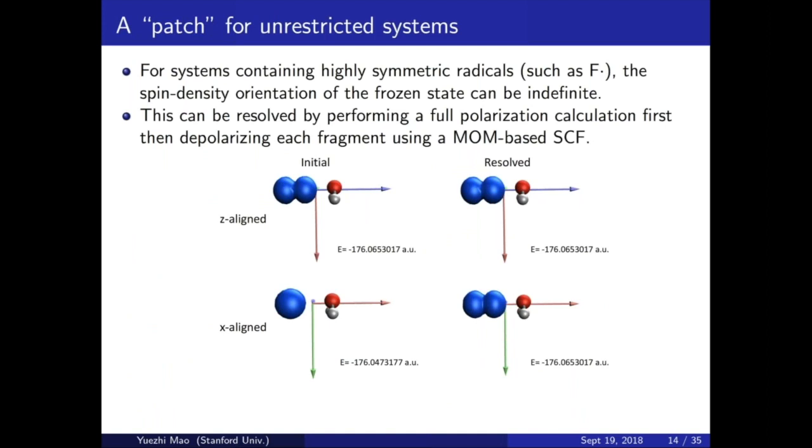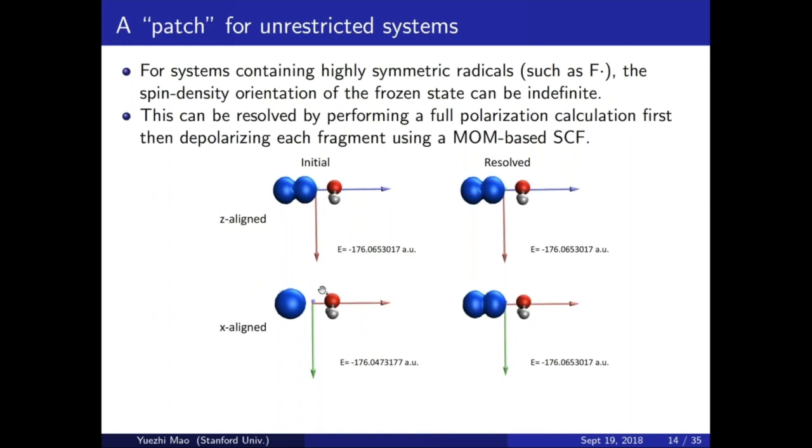And at the end of EDA, the second generation ALMO-EDA, I would mention a recent patch to the unrestricted systems. For systems containing highly symmetric radicals, such as the fluorine atom, the spin density orientation of the frozen state can be arbitrary. So here is an example: a complex formed by a water molecule with a fluorine atom.